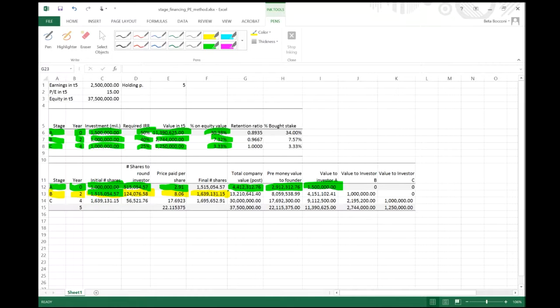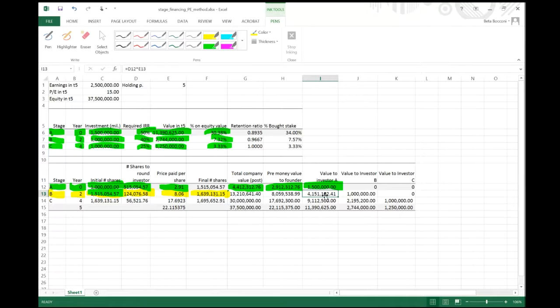Given the valuation of basically this amount, you see that the company value will be the total number of shares times the price paid, and the pre-money valuation to the founder, as you can appreciate here, is essentially the application of 8.06, the price, to the original number of shares of the founder, while instead the value attributable to investor A will be no longer the original value of 1.5 million, but arguably bigger.